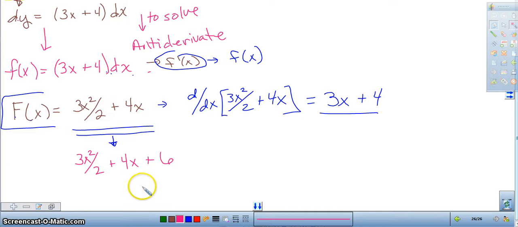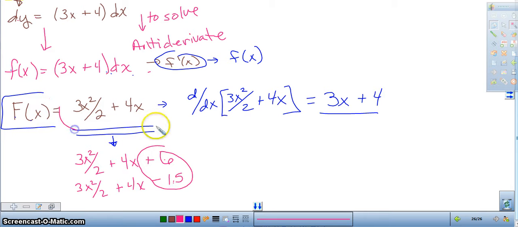That could be one of my solutions. I could have 3x squared over 2 plus 4x plus or minus 15. Because this is a constant, and remember, when you take the derivative of a constant, you get 0. This is what we call a general solution. And these are more specific when you actually have a constant with them.